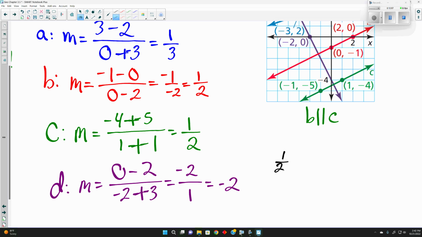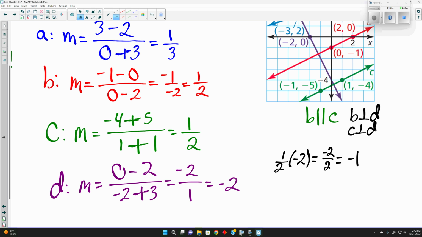So let's see what 1/2 times negative 2 is. Well, that would be negative 2 over 2, which is negative 1, yes? Two lines are perpendicular if the product of their slopes is negative 1. So we can say that B is perpendicular to D and C is perpendicular to D.